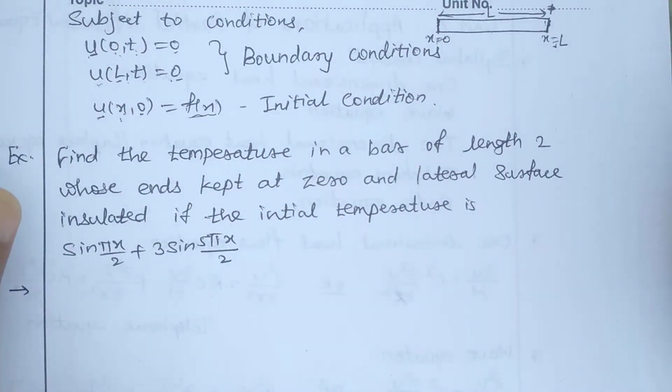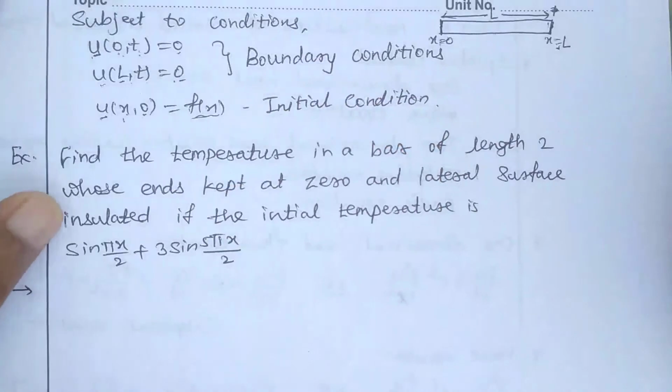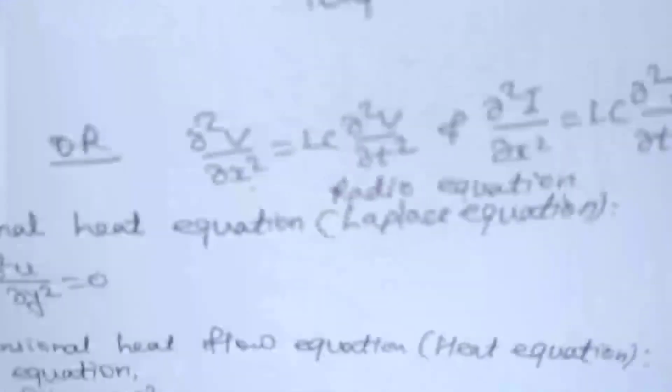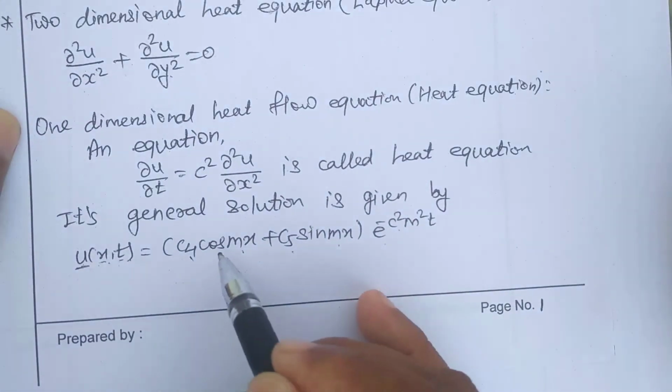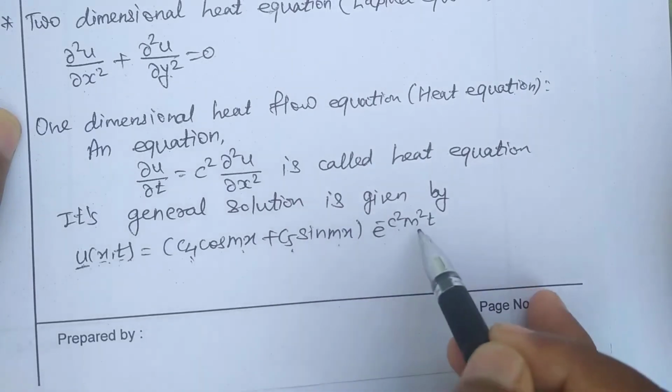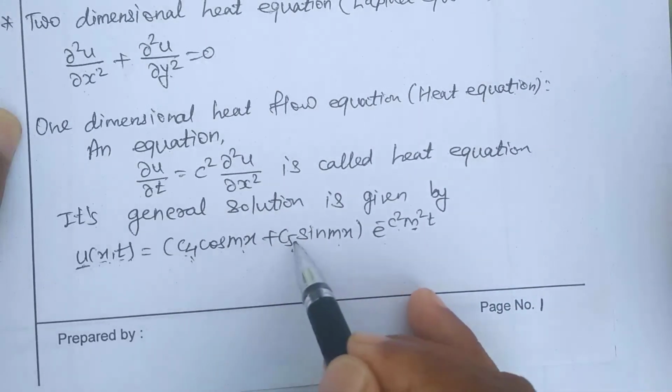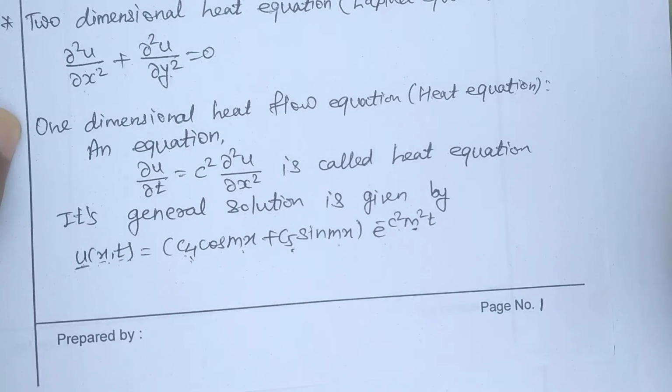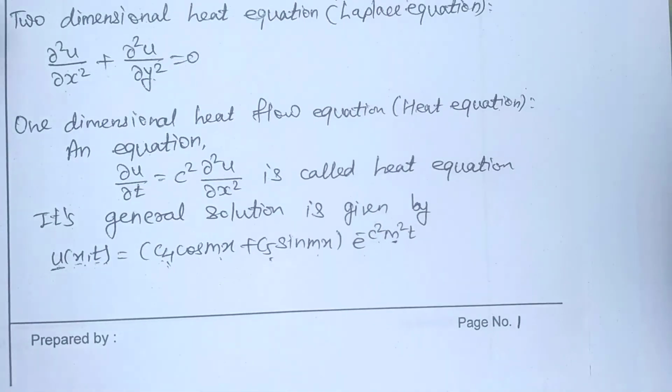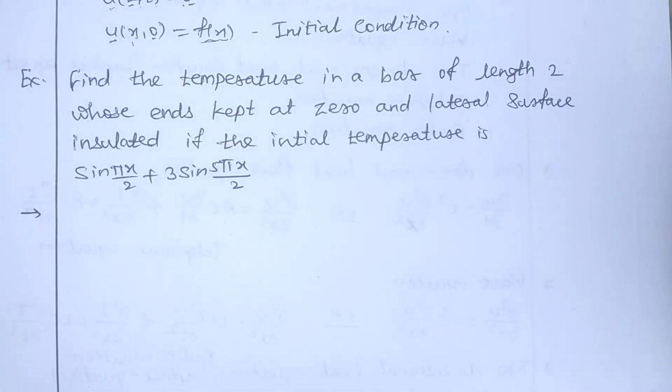That is the initial condition. If these three conditions are given, we can find the values of the constants C4, C5 and m, and then find the general solution. Now let's proceed to the example.